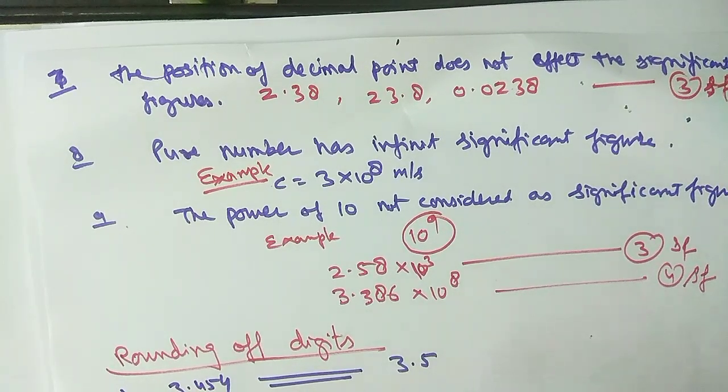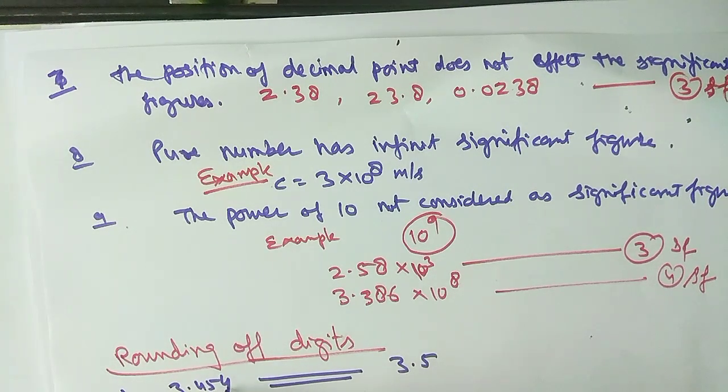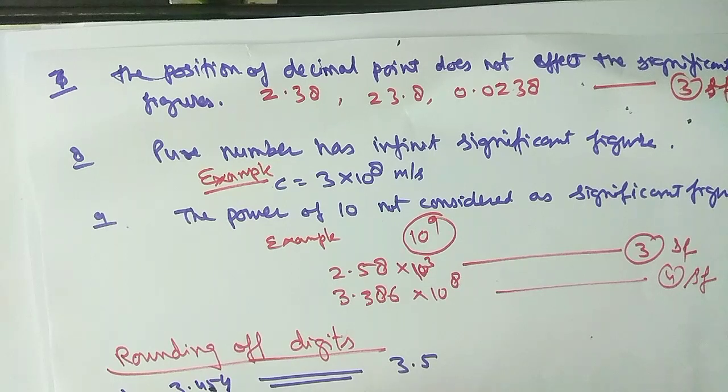Is it clear? And suppose the dropped digit is less than 5, say the value is 3.43.